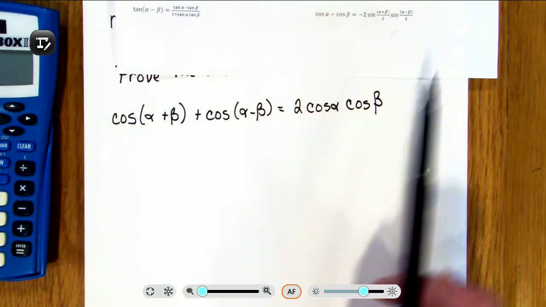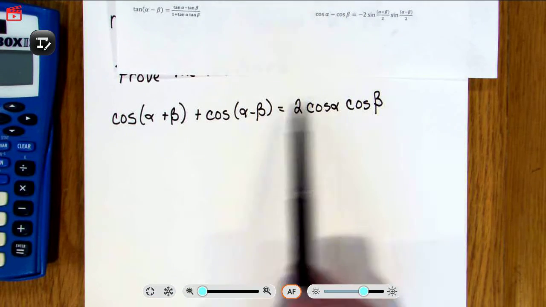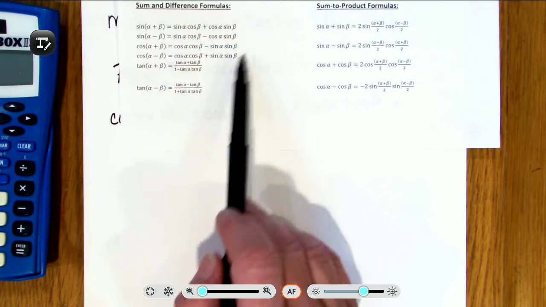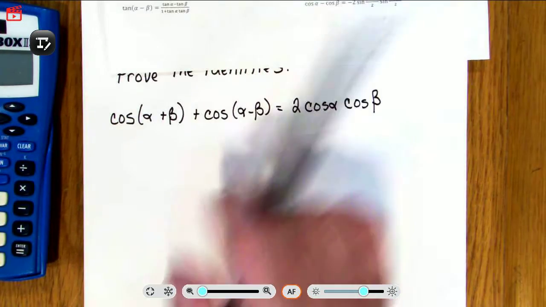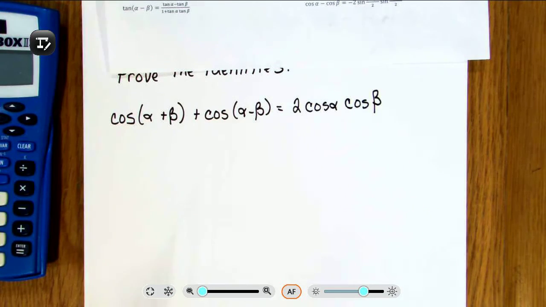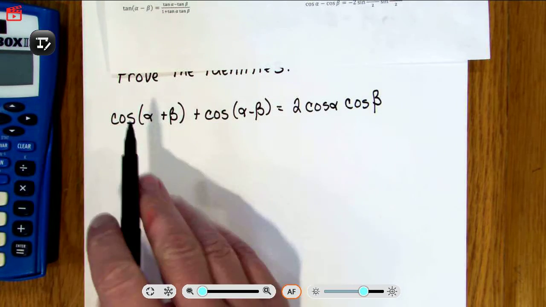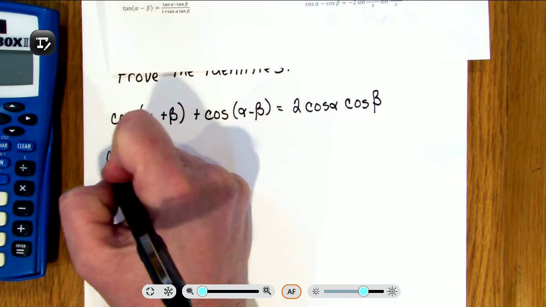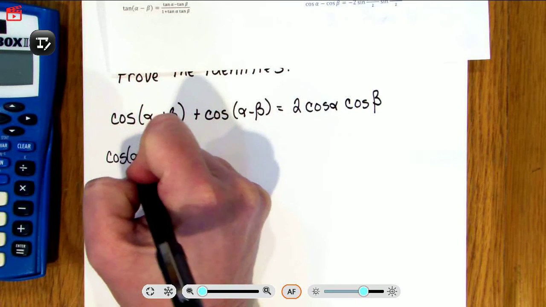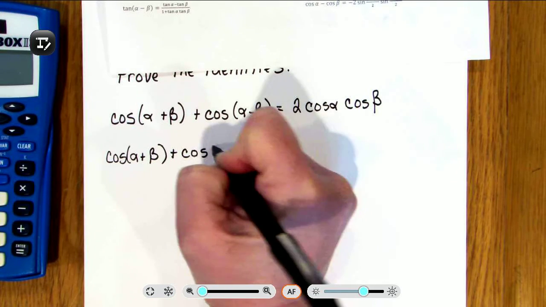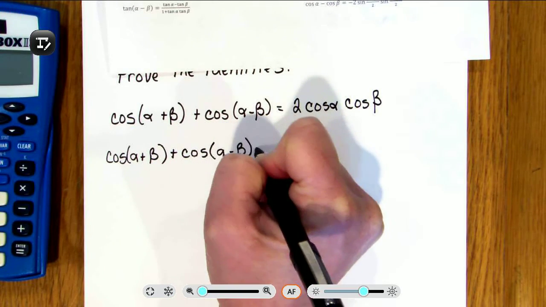So for example, trying to take this and write it in the forms that you see here is a lot more work. So we're most of the time going to start with those sum and difference pieces and use the formulas and see what happens. So I'm going to pull the formula for the cosine of alpha plus beta, and I'm going to start on this side and use those formulas first of all and see what we get happening.